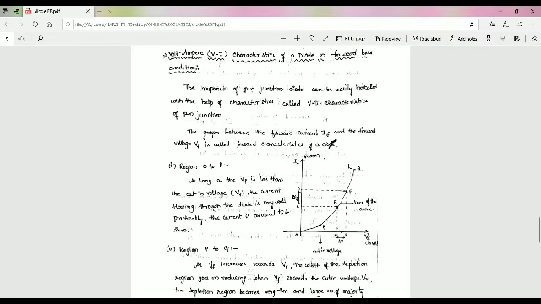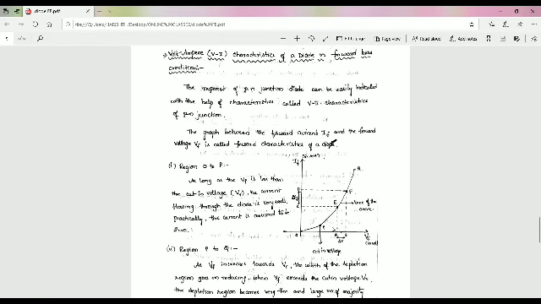The forward current is conventional, hence it is treated as positive, and the forward voltage VF is also treated positive. Hence forward characteristics is plotted in the first quadrant. So forward means positive, that's why this is the first quadrant.